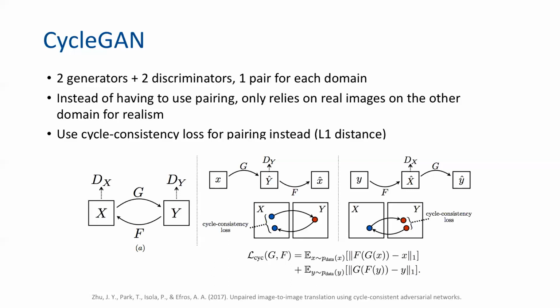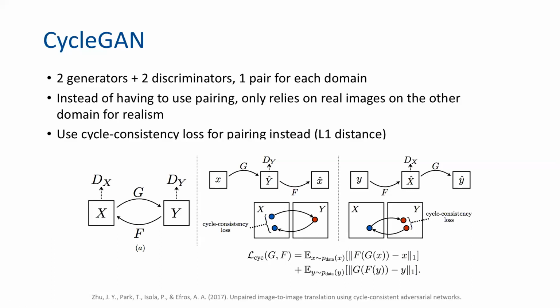So what we do is we go from some domain, some point X. We learn the conditional generator that takes us to Y, some image that we've synthesized. And then we take it back again. We transform it back using the other conditional GAN.